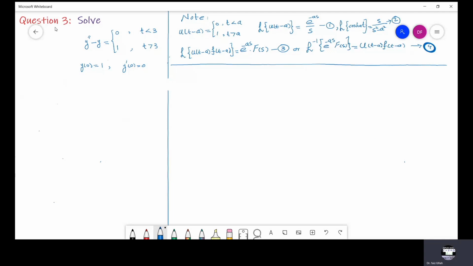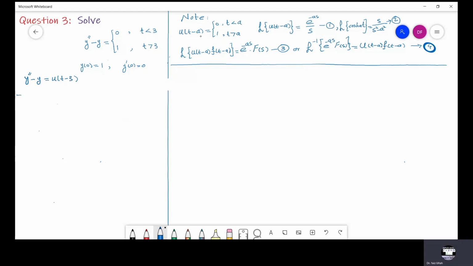To solve question 3, we shall use formula number 1, 2, and 4. Now let us use the definition of u of t minus a to write this equation in the form y double dash minus y is equal to u of t minus 3.